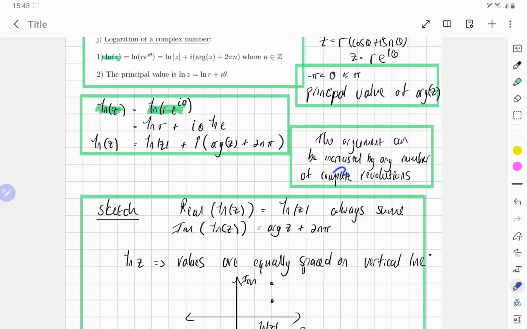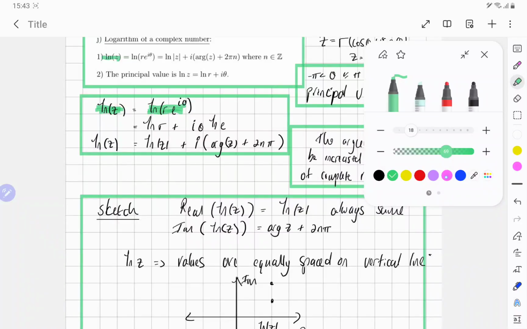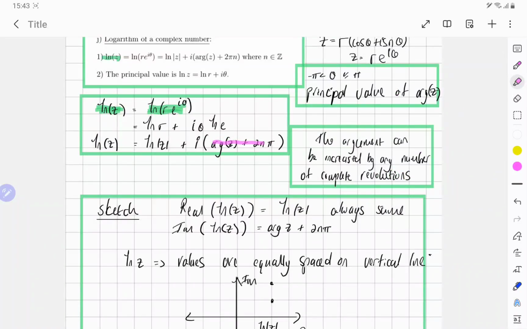The argument can be increased by any number of complete revolutions, hence the 2n pi, where n is an integer. So that is our argument.